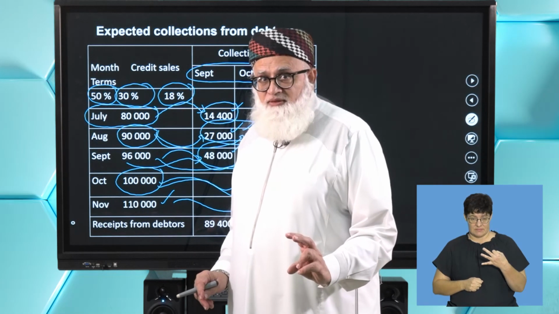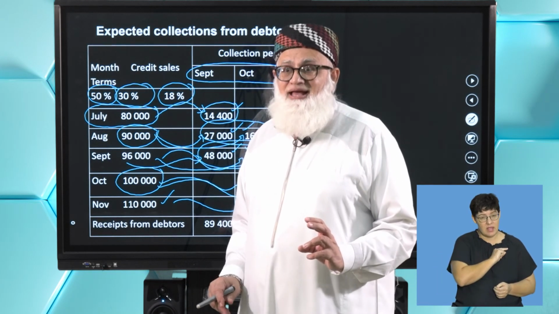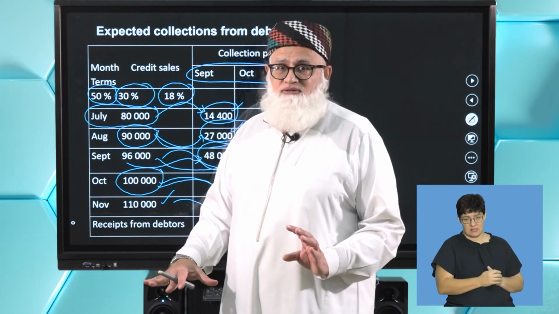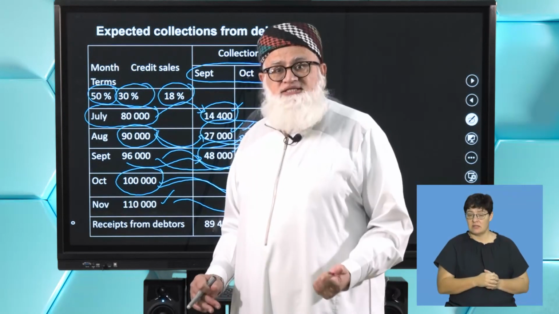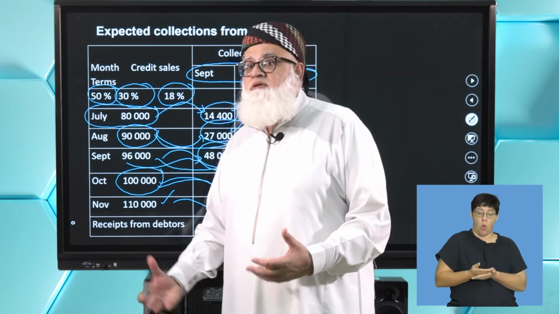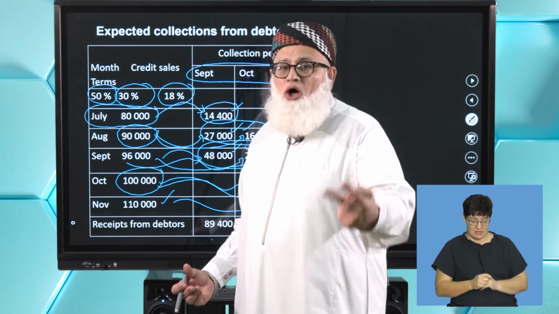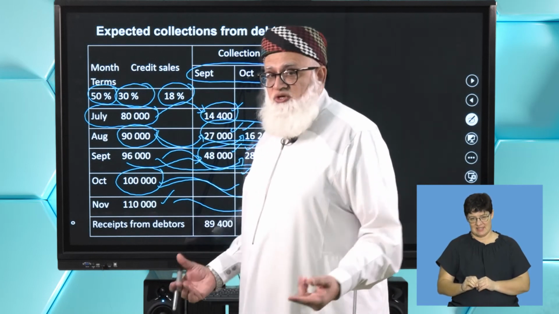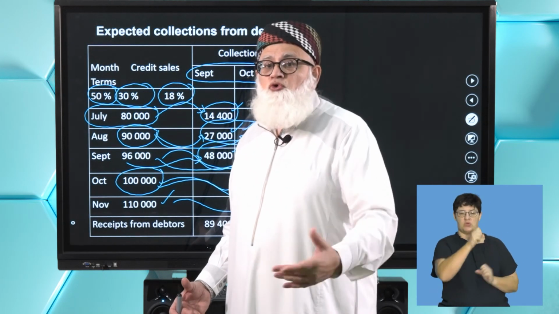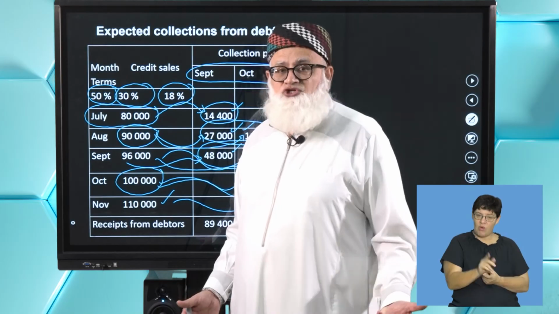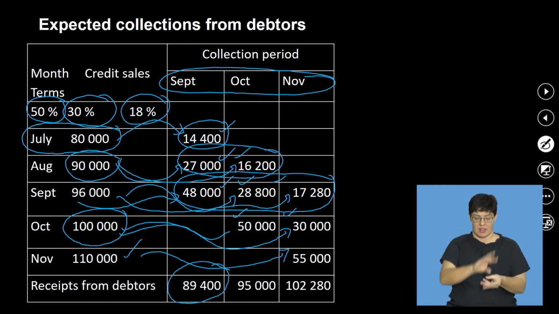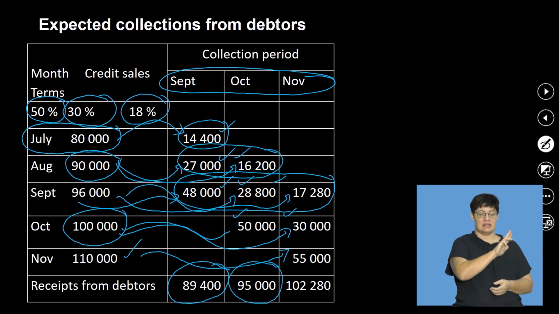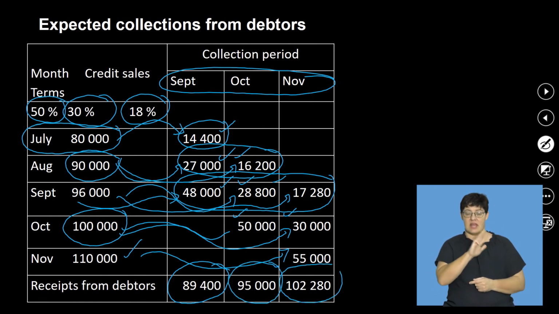Therefore, you could be asked as a separate calculation to say what amount would be written off as bad debts. That would obviously be the 2% as a separate calculation. Obviously, this question didn't ask for that. I'm just showing you that that is a possible examination question. You now total September 89,400, October 95,000, and November 102,280. What do we now do?